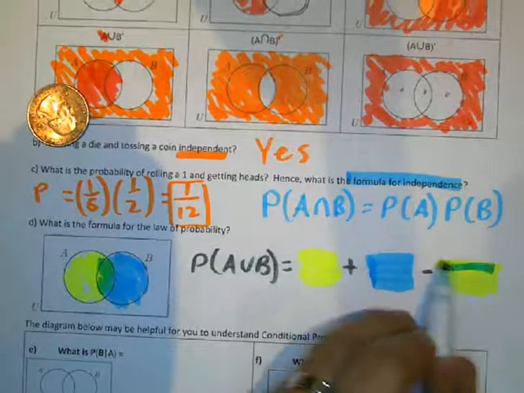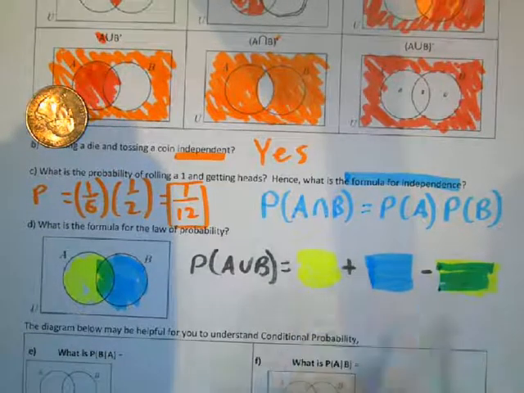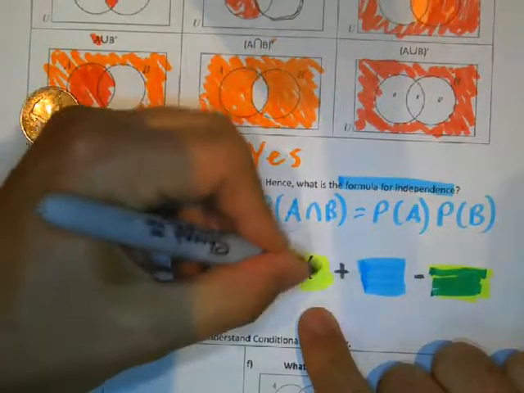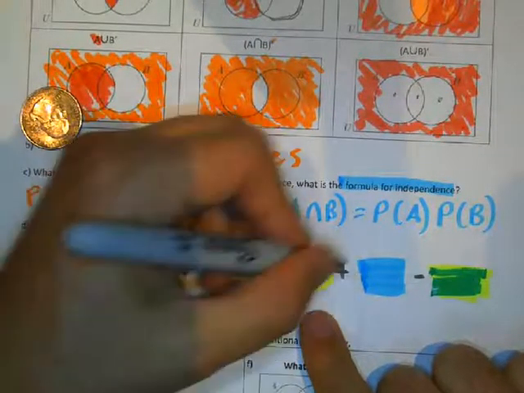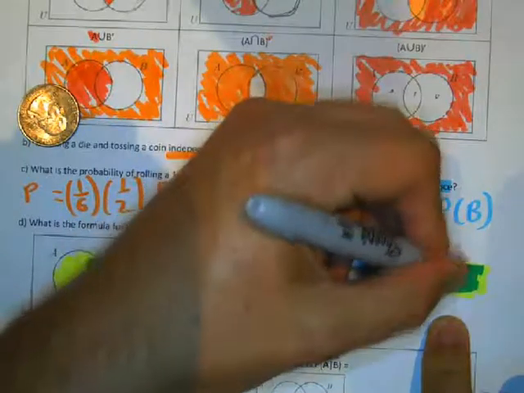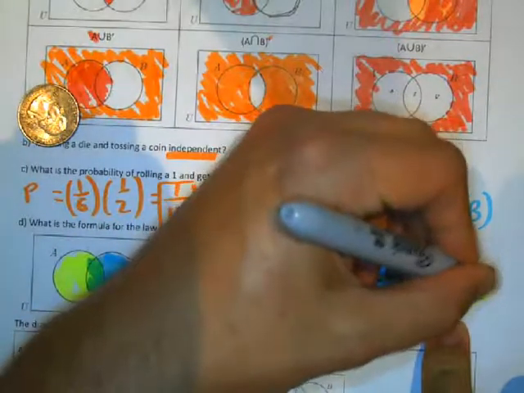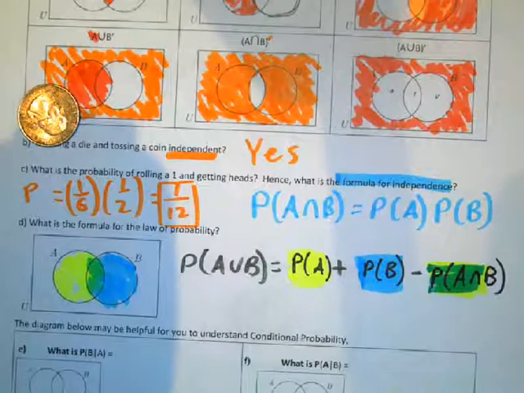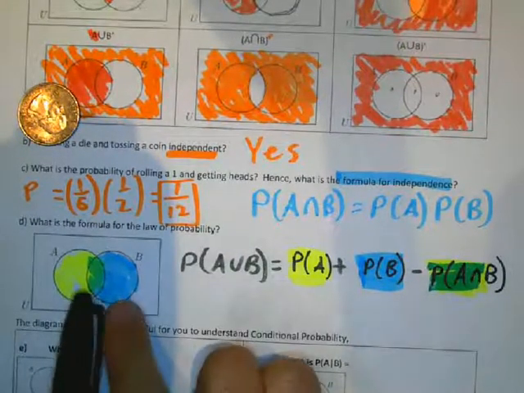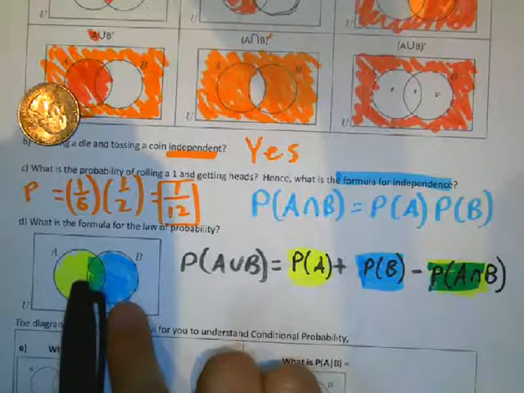Okay. So what does this look like? This looks like the probability of A plus the probability of B minus the probability of A intersection B. You might want to pause and think about that for a second. We had to subtract this because we counted this overlap region twice.